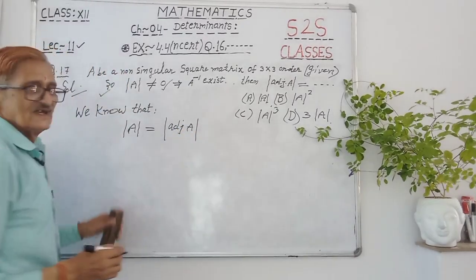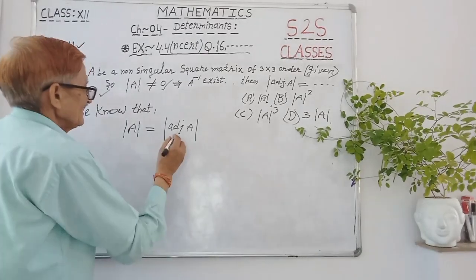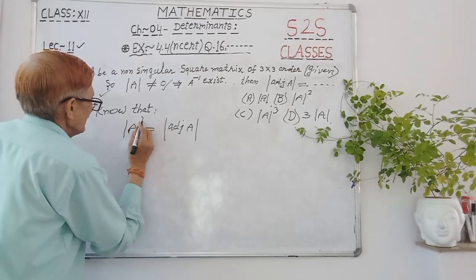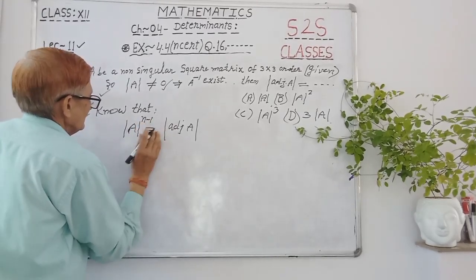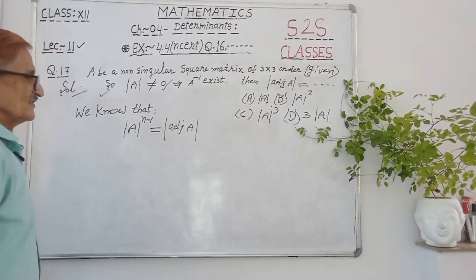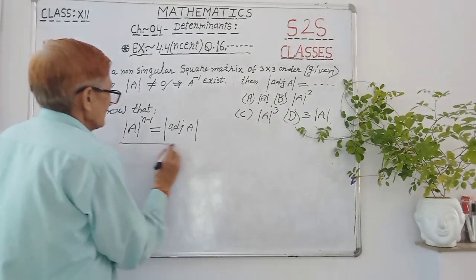The relation between these two: determinant of adjoint of A is determinant A to the power n minus 1. This formula you have to remember.